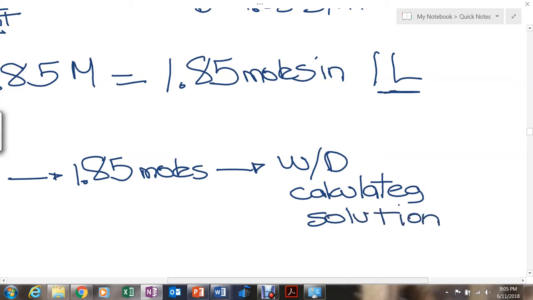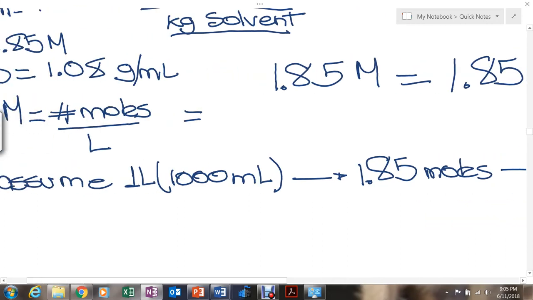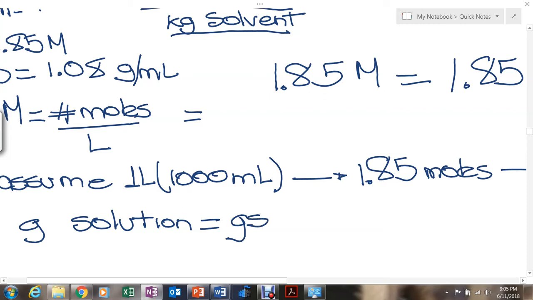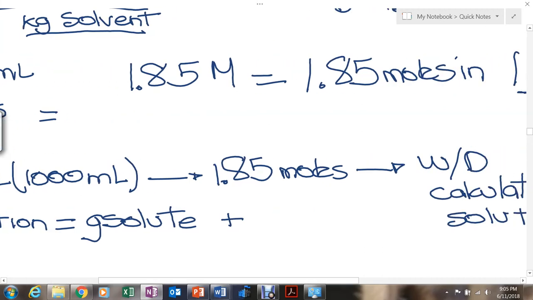We know that the grams of solution is equal to the grams of solute plus the grams of solvent.